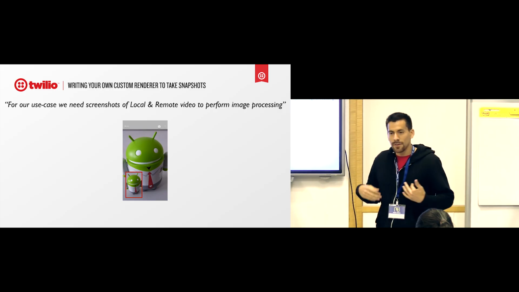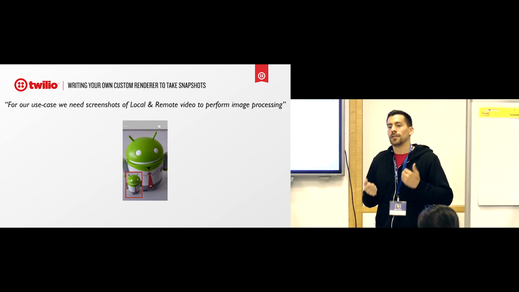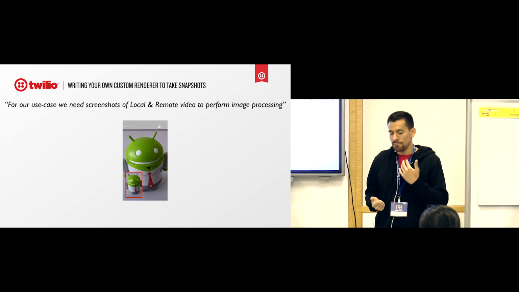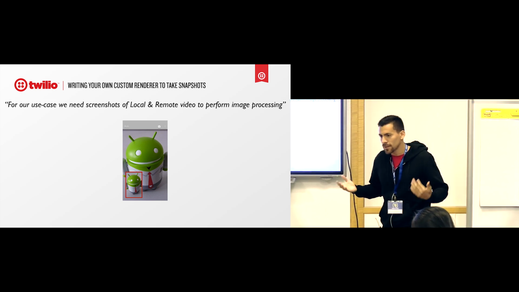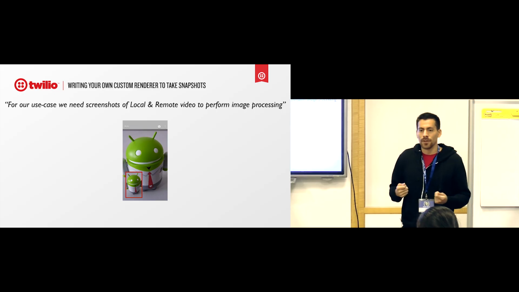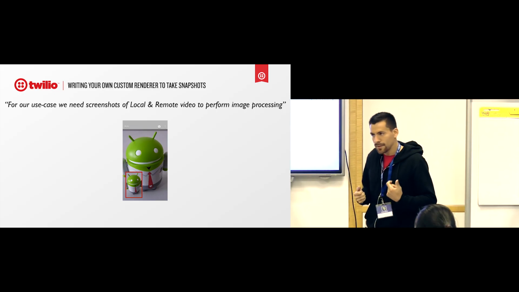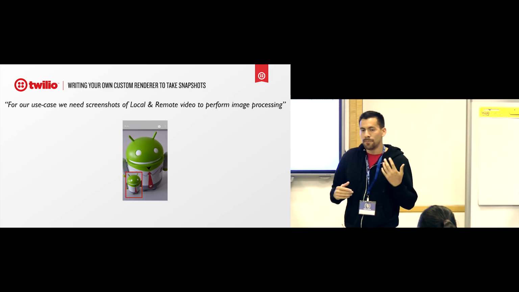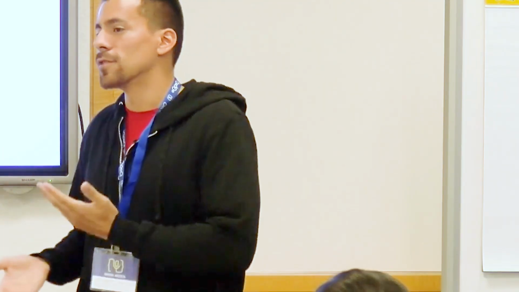So the question was, is there a way to take a snapshot of what's being displayed? What that meant for this customer is he wanted to take the frame, which is this I-420 frame, and convert it to a bitmap that he could then post-process and do something with.